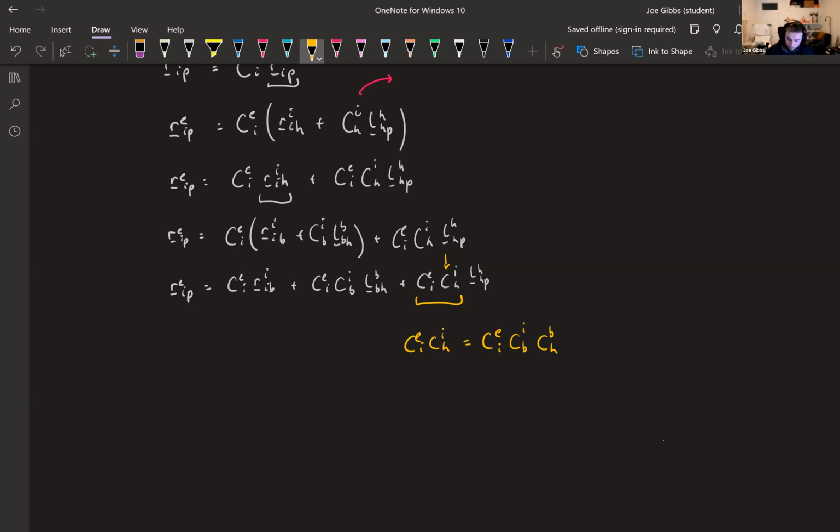So we've basically turned the direction cosine matrix from the hub to the inertial frame into the direction cosine matrix from the hub to the body, and then body to inertial. Okay. And now if we look at our subscripts and superscripts, we have an angular velocity in the Earth-fixed frame.